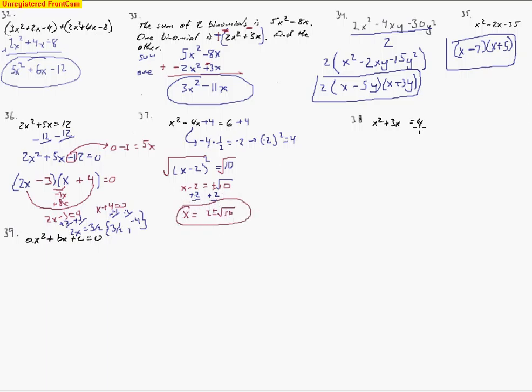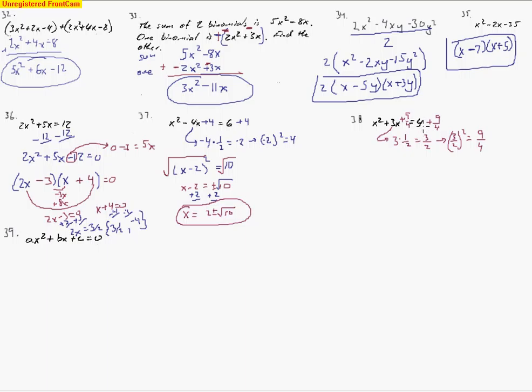Well, looking at the next one, a little bit tougher problem because of the 3. What I'm going to do is take half of the b term, and that makes a fraction, 3/2. And I take that number and I square it. When I square 3/2, I get 9/4. And that's what I'm going to end up adding to both sides. So this method is difficult when we've got odd numbers as the b term because we have to deal with fractions.